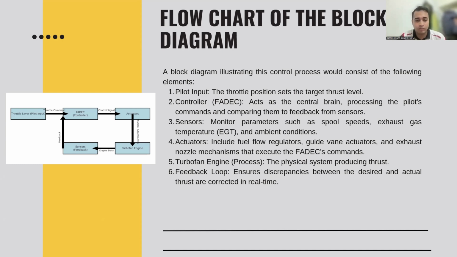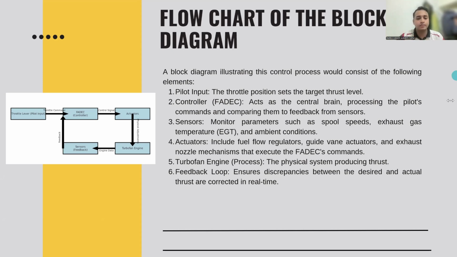Then the actuators include fuel flow regulators, guide vane actuators, and the exhaust nozzle mechanism that execute the FADEC commands. The turbofan engine is the physical system producing the thrust, and then the feedback loop includes the sensors, where differences between the desired and actual thrust are corrected in real time.